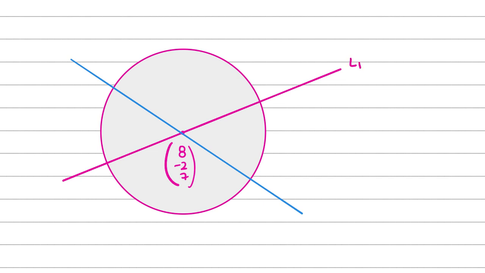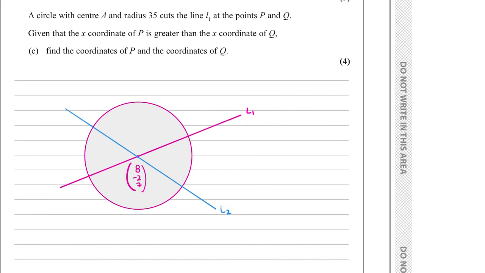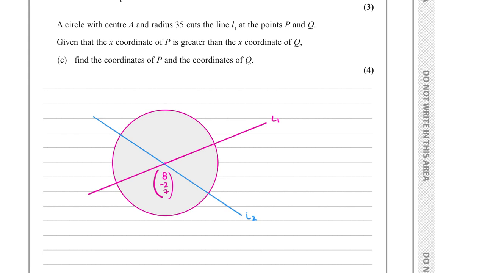Let's call this one L2. It may not be drawn to scale. Right, then. Centre A and a radius root 35. A radius of root 35. So for radius, R equals root 35.